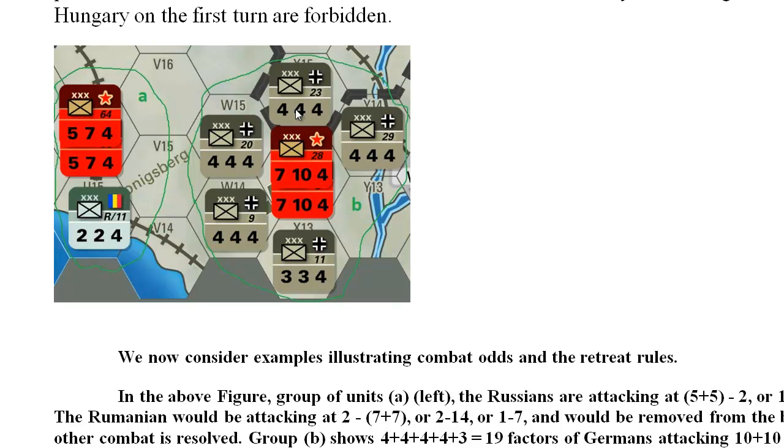As a more dramatic example, suppose that all of the German units, there are 19 attack factors, attack both Russians. There are 19 attack factors hitting 20 defense factors, that is a 19 to 20 or 1 to 2. An exchange is rolled. In this case, the Russian has fewer attack factors, even though he had more defense factors.